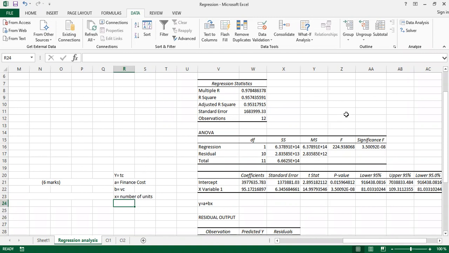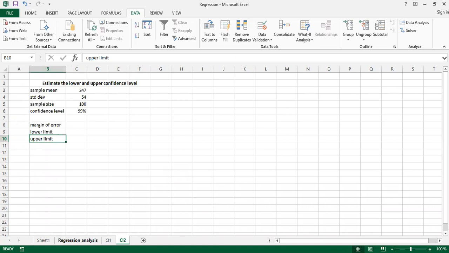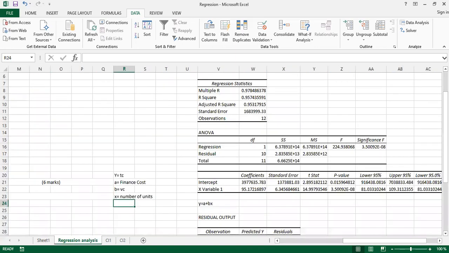If it's above 30, we use the z-stat. And that is used in computing the confidence interval. We shall look at two examples of the confidence level, how you use a t-stat and how you use a z-stat.